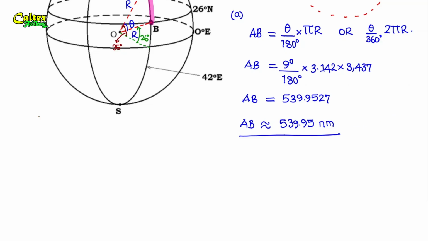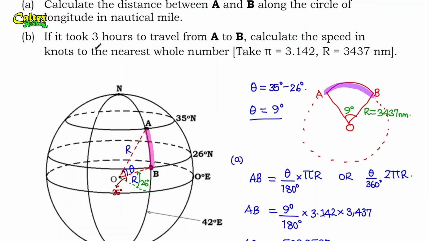So with all this said, let's move on and look at part B of the question. Part B says if it took 3 hours to travel from point A to town B, calculate the speed in knots to the nearest whole number. Always, if the distance is in nautical miles, then the speed should be measured in knots.